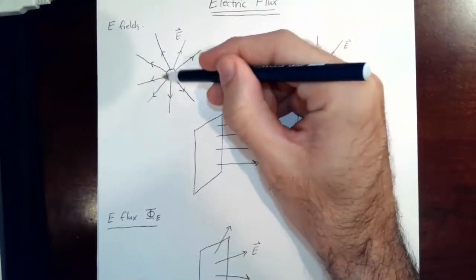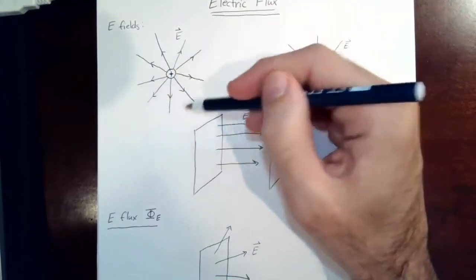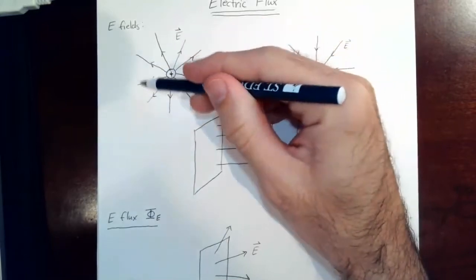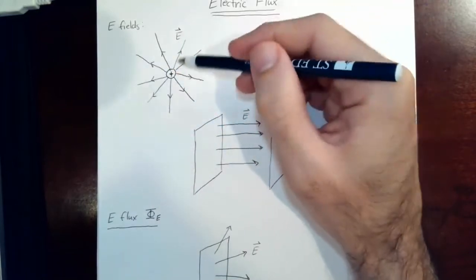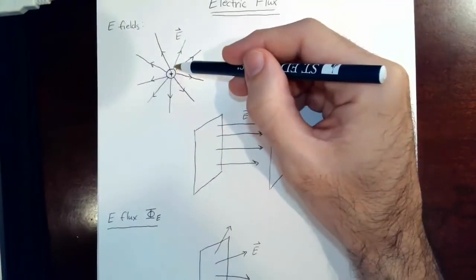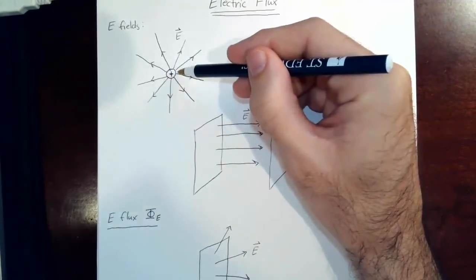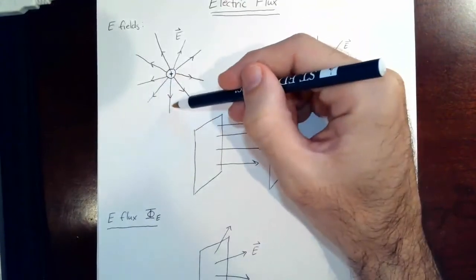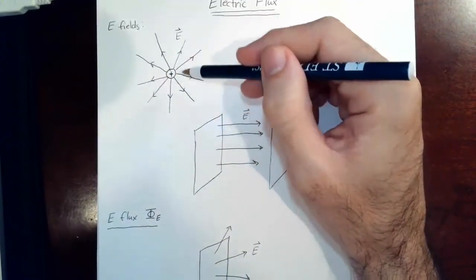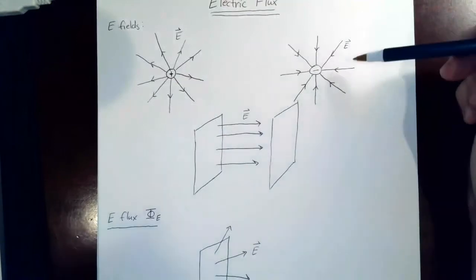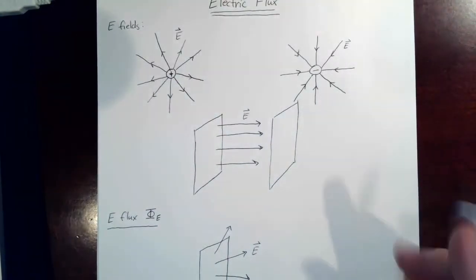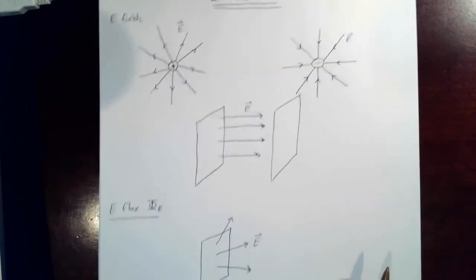The density of field lines would be high close to the charge. Far away from the charge, the density is lower. We also know from what we've done with electric field before that the strength of the electric field is higher closer to the charge and weaker farther away from the charge. So that tells us a relationship that we can use when we're examining electric field lines.